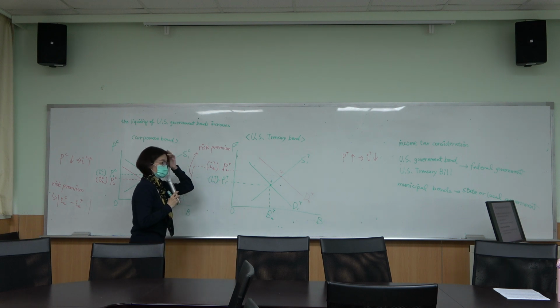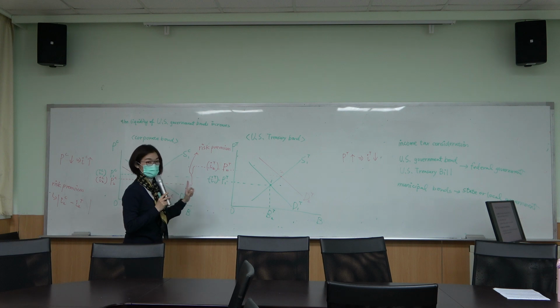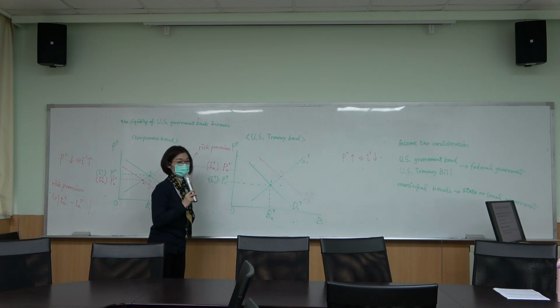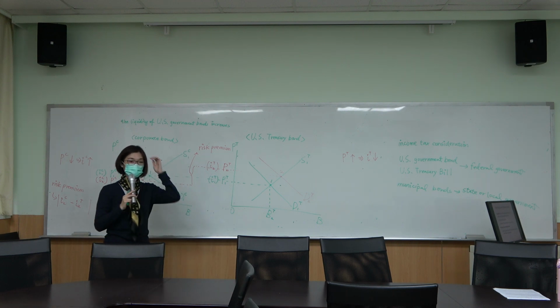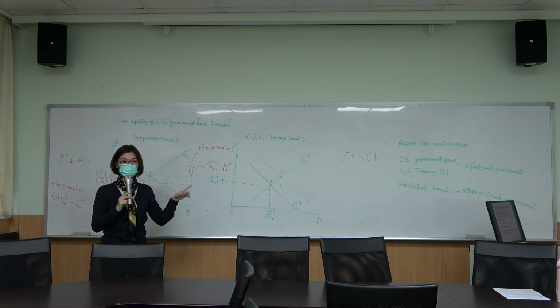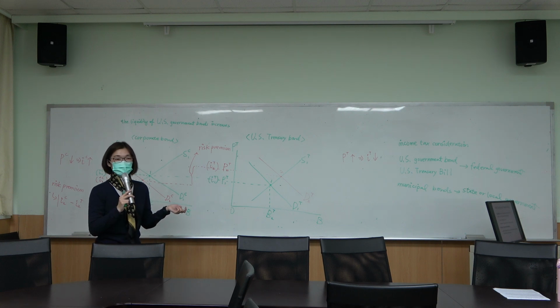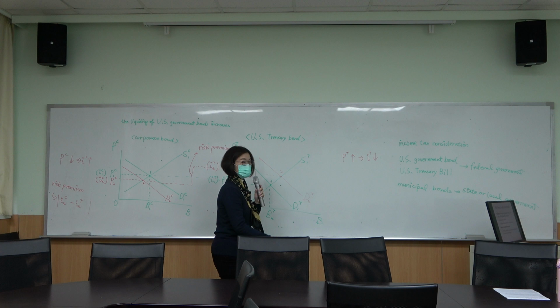However, if we consider the default risk, actually the municipal bonds might have a higher default risk. You know that a lot of people would like to go to California to study because there are a lot of top schools, such as the University of California, Berkeley, or maybe the Valley. A lot of good schools.